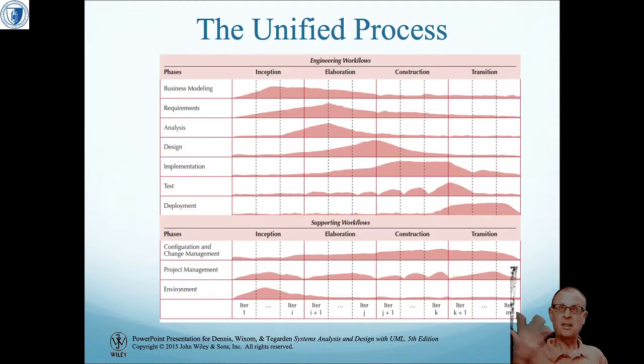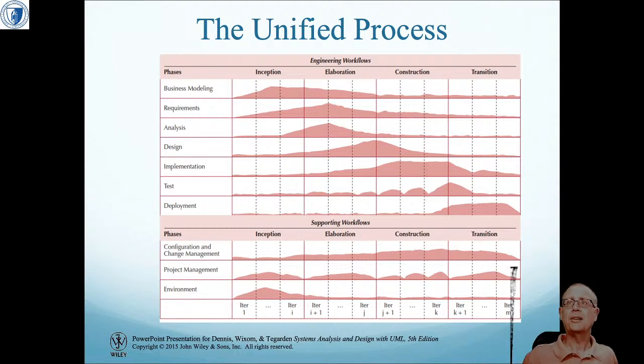And the key piece is this diagram here, where the engineering workflows of business modeling, requirements analysis, design, implementation, test, and deployment, with the appropriate level of work in each of those, as you can see in the graph. And then there's supporting workflows in terms of configuration management, project management, and the environment.